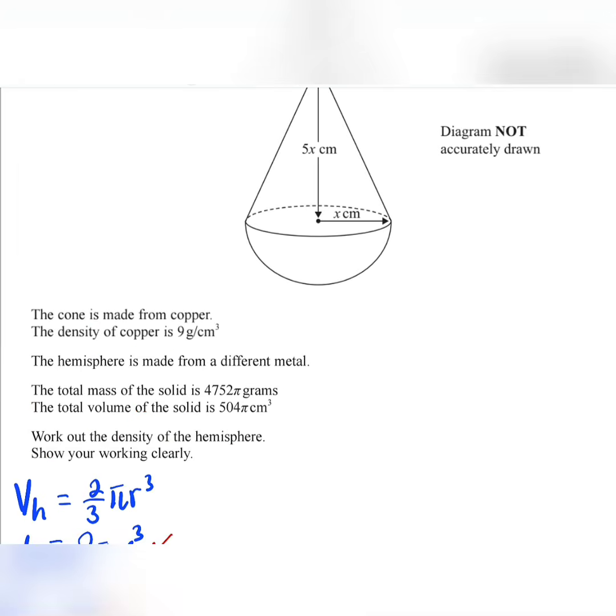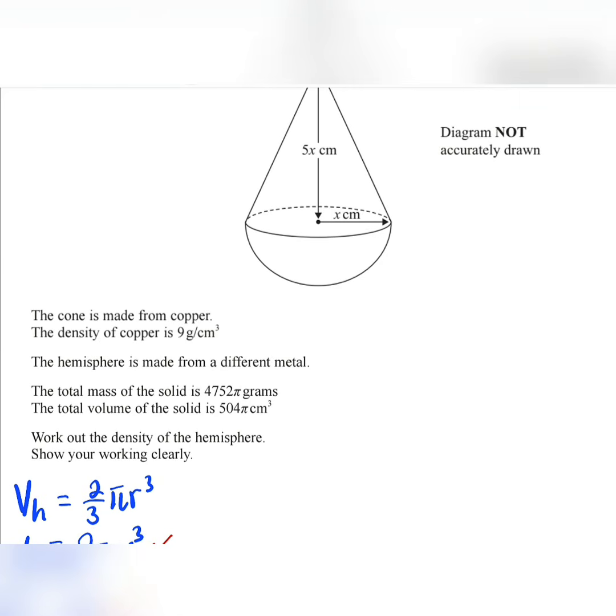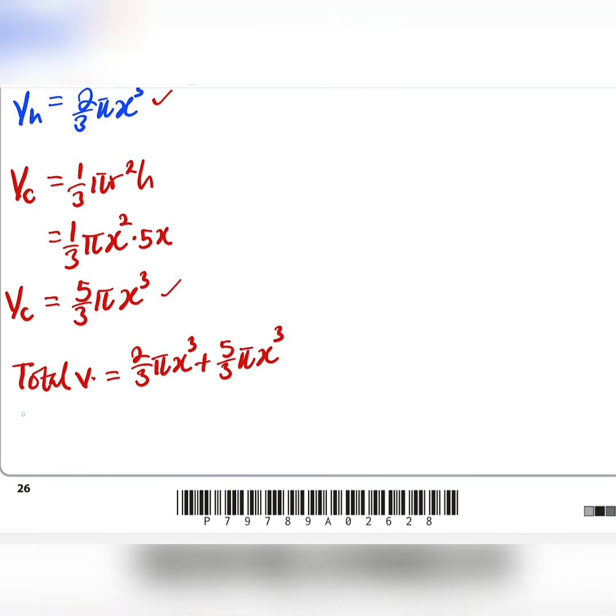The total volume is what? 504 pi. Forget about the unit. This is equal to, okay, these two expressions are identical. So these are like terms. Let's just add the fractions.